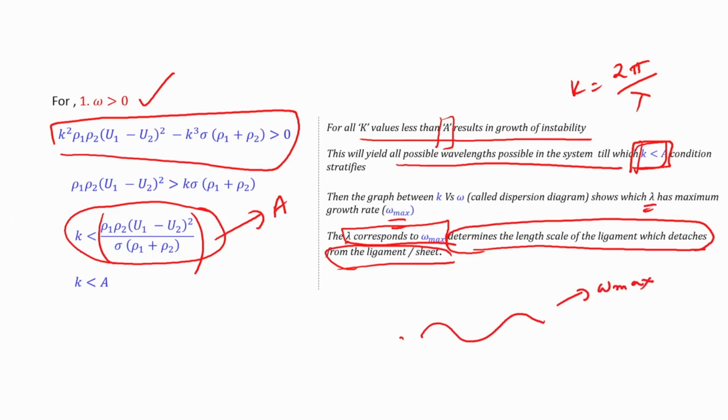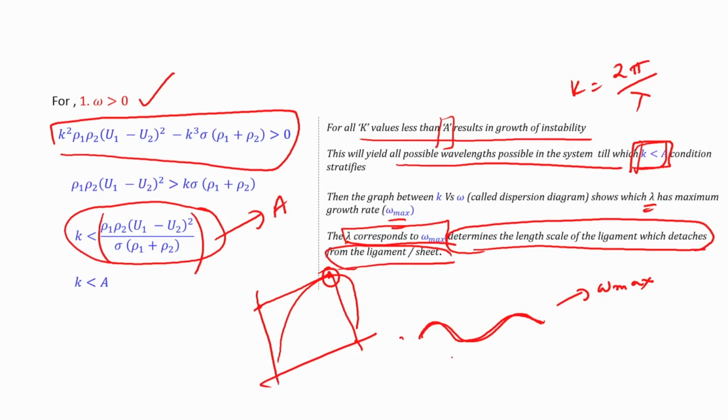That wavelength is the strongest or the most dominant, as we saw in that particular dispersion curve, which looks something like that. So in that dispersion curve, this is omega, and the corresponding lambda tells you the detachment of the ligament, that means the length scale of the ligament that you will get out of it.